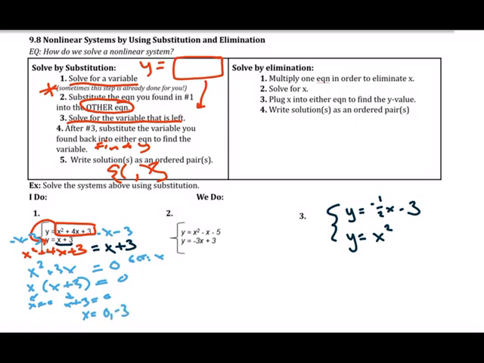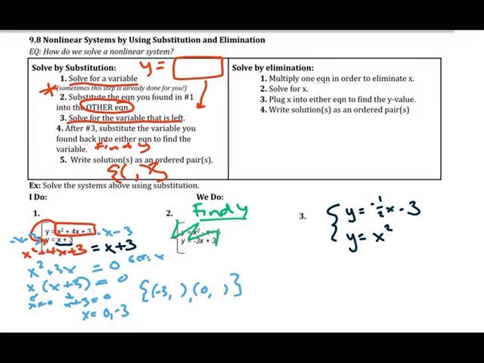Now, don't forget, our goal was not simply to find x, but to find the solutions, and the solutions are ordered pairs. So what we just did is we figured out that one of our x values is negative 3 and the other x value is 0. What do we need to do now? I'm going to just create some more space here. We need to now find y.